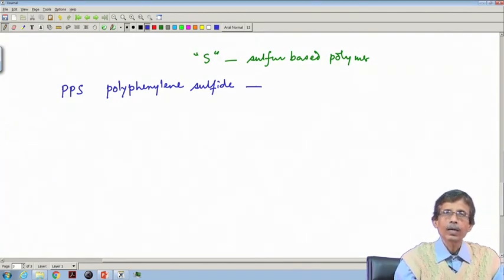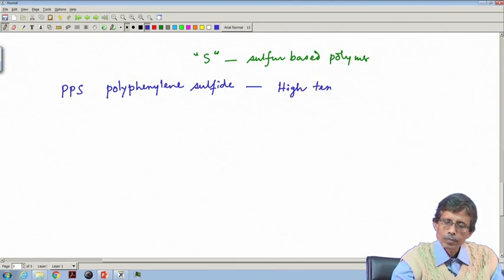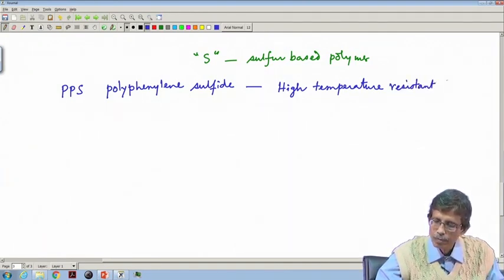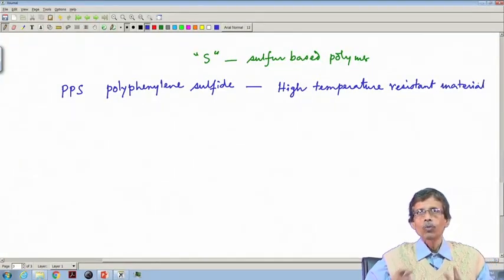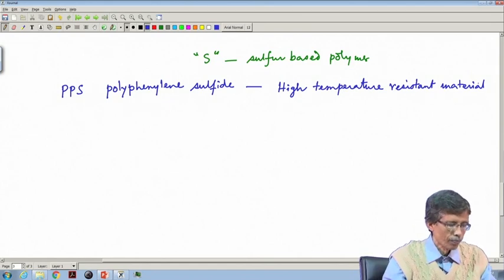Because this is industrially useful, it is a high temperature resistant material. If you want to make a high temperature resistant polymer, we can go for a sulfur backbone in it, and that sulfur can be introduced from sodium sulphide only.